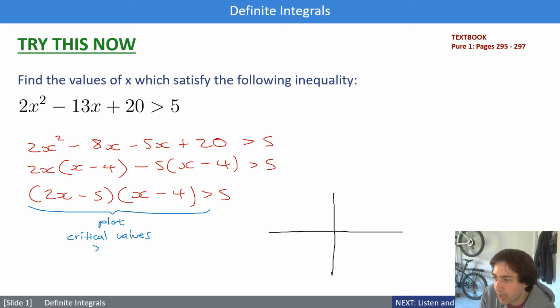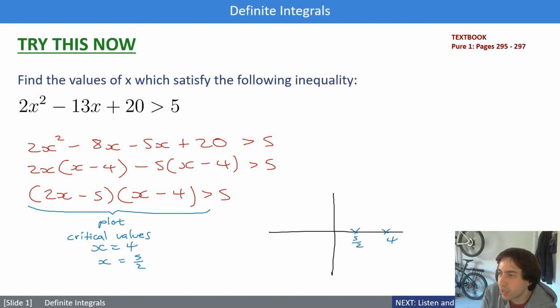So that's when x is equal to 4, because then x minus 4 is 0, and when 2x minus 5 is 0. So that's when x is 5 over 2. So on my graph here, I'm going to mark that on. 5 over 2 is about 2.5. And then to the right of that, we've got 4.